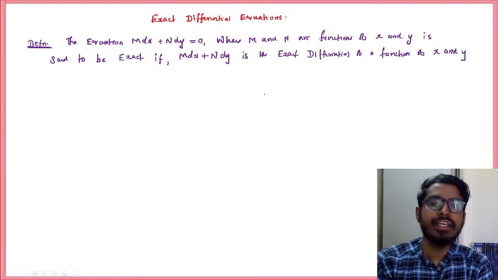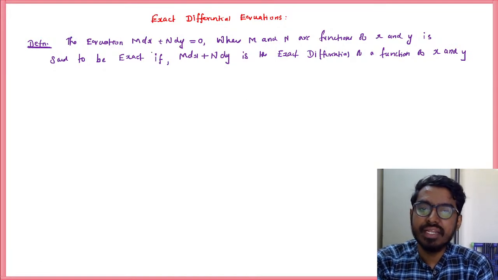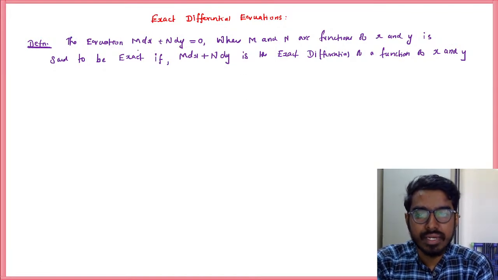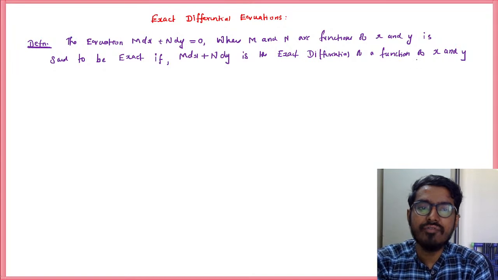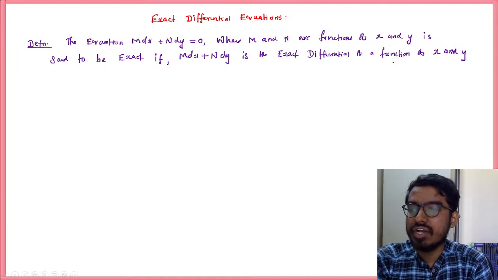This is the definition of exact differential. The equation M dx plus N dy is equal to 0, where M and N are functions of x and y, is said to be exact if M dx plus N dy is the exact differential of a function of x and y.